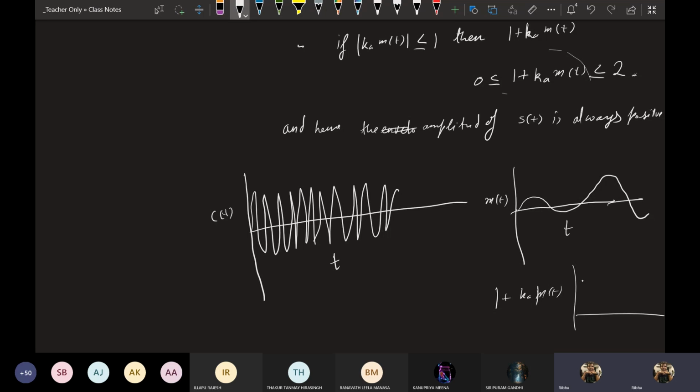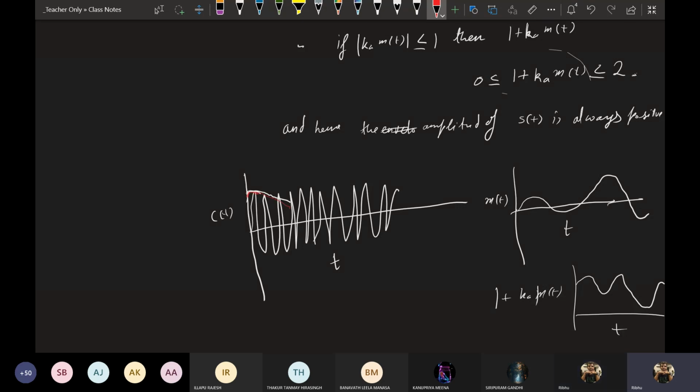The first thing this will do is place it above 0 depending on the value of k. And then when we multiply these two signals, the red one will actually give you the envelope.